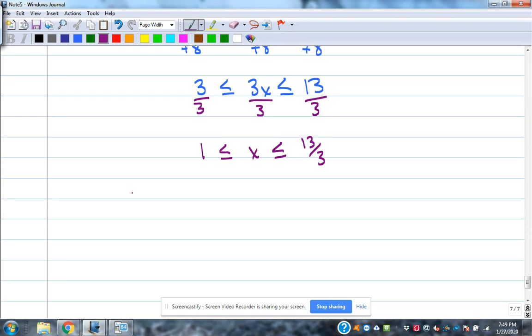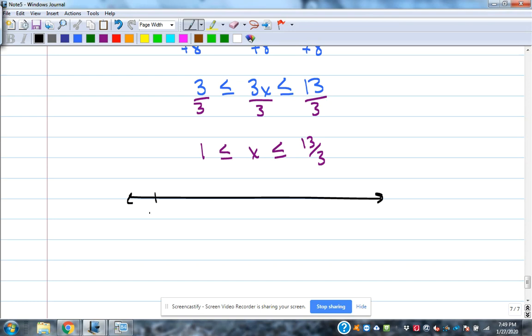The beautiful thing about this is that when you go to draw your number line, you don't have to put all those fractions there. When you have a mix of a regular integer and a fraction, I always just say estimate where 13 over 3 is. How much is it as a decimal? 4.3.